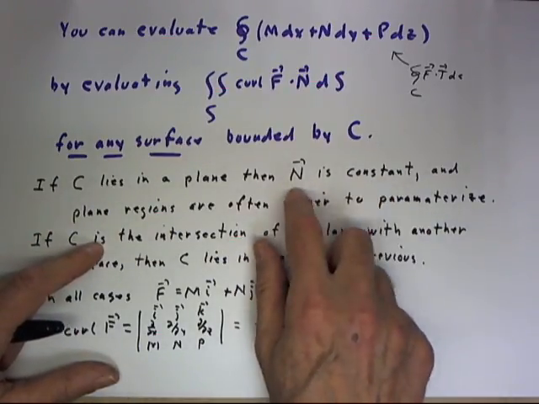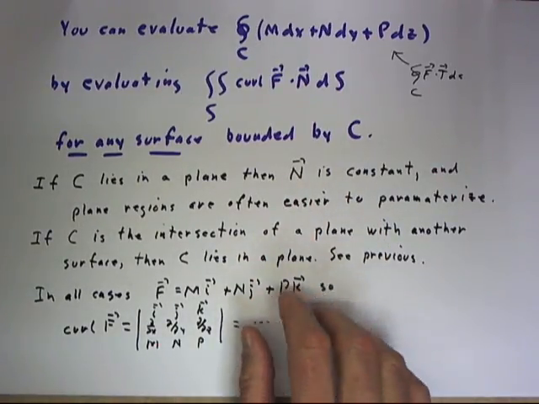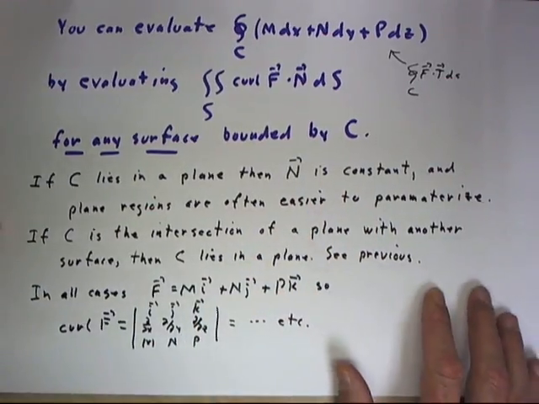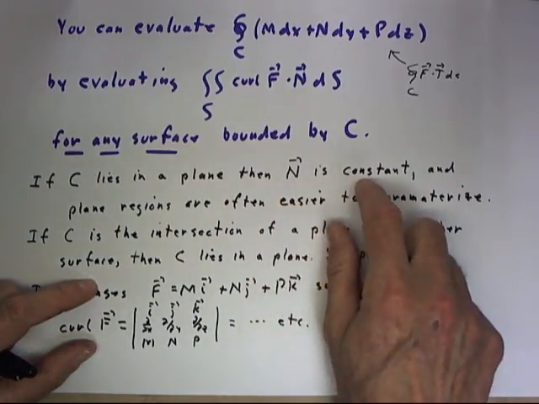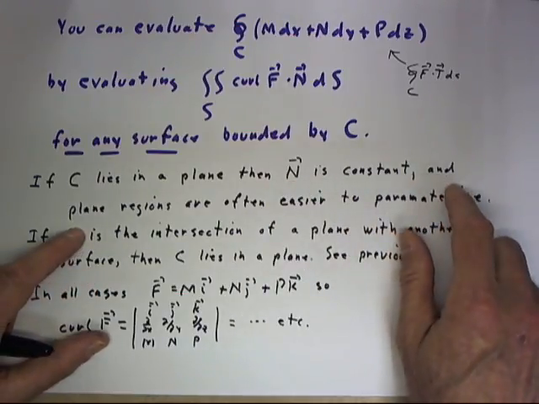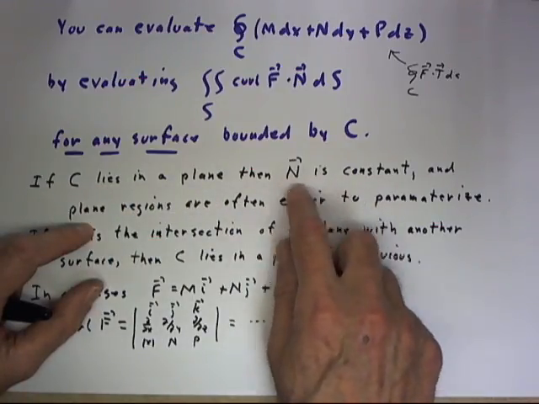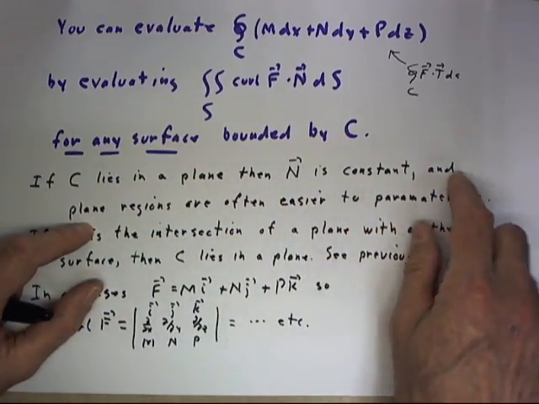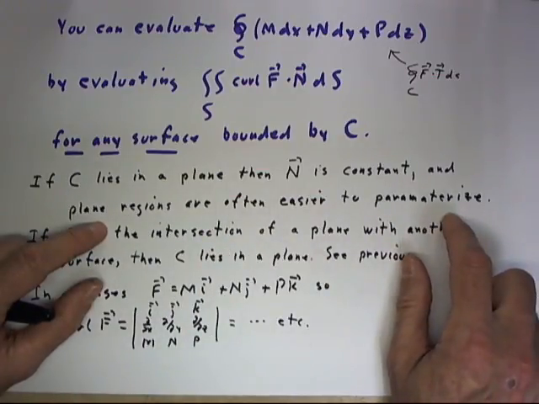And you saw that before, even though there was some potential confusion because of the expressions we were integrating, there wasn't really much of a complication with the constant normal vector. It would have been much worse if the normal vector had been a variable. Okay? So if C lies in a plane, then the normal vector is constant, and plane regions are often a lot easier to parameterize in any case.